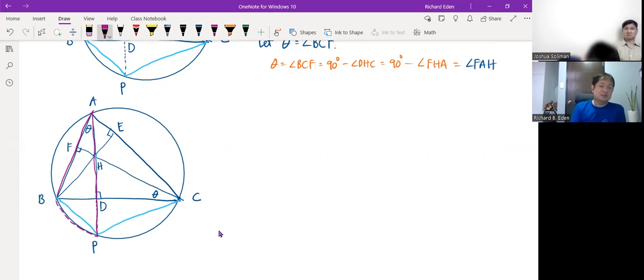So that angle up there is theta, and that angle BAP is an inscribed angle. Angle BCP, all right, so that would make this also theta.